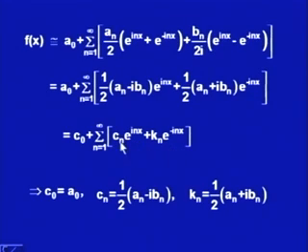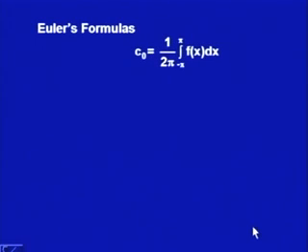Now, the coefficients C n, k n and C naught, we have derived from the original a n, b n and a naught. So, we can use the Euler's formula over here: C naught is same as a naught, so it is 1 upon 2 pi integral from minus pi to plus pi f x dx. C n would be nothing but 1 upon 2 times a n minus i b n.